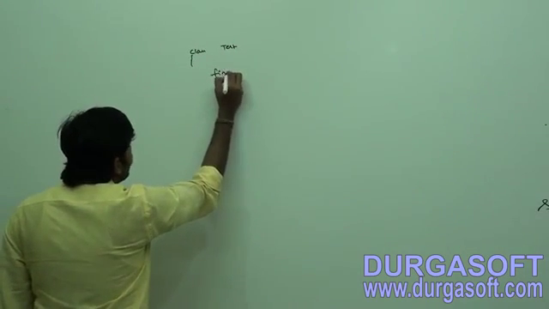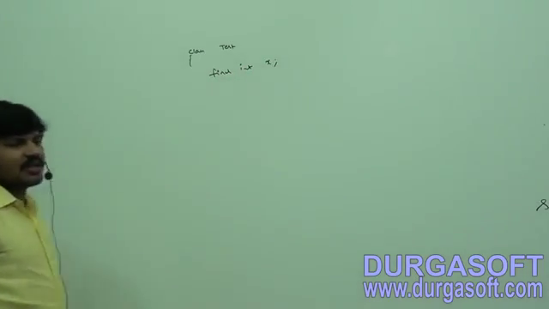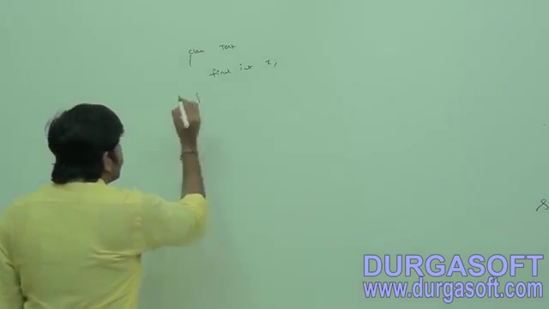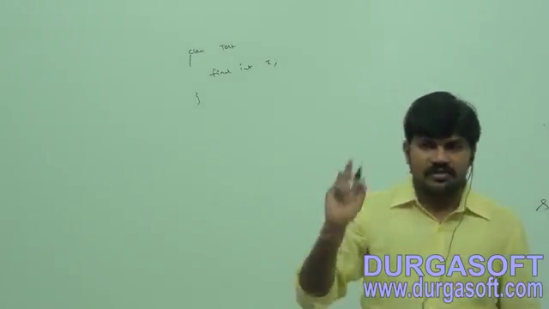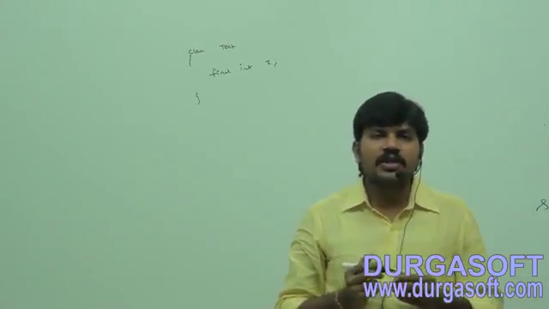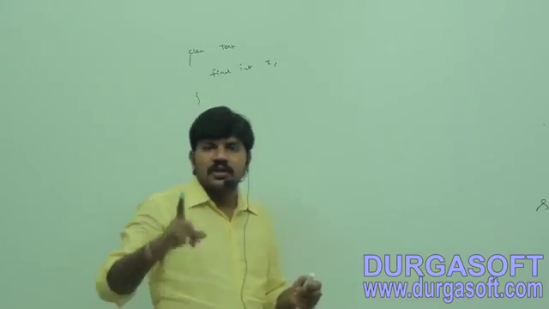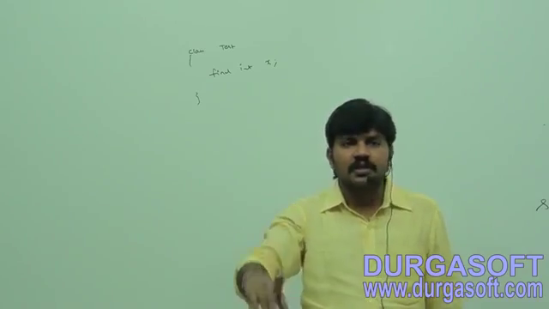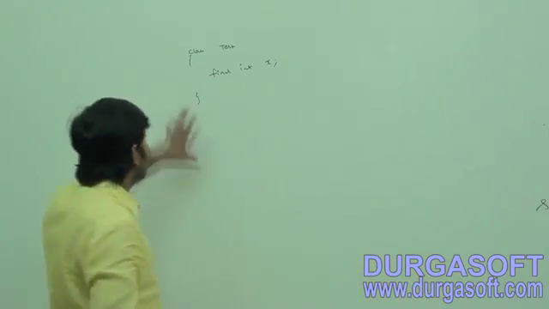If the instance variable is declared as final, sir, I am declaring one instance variable as final, then JVM won't provide any default values. If the instance variable is declared as final, JVM won't provide any default values. Compulsorily we have to perform initialization explicitly, whether we are using that instance variable or not. Sir, I just declared, that's all.